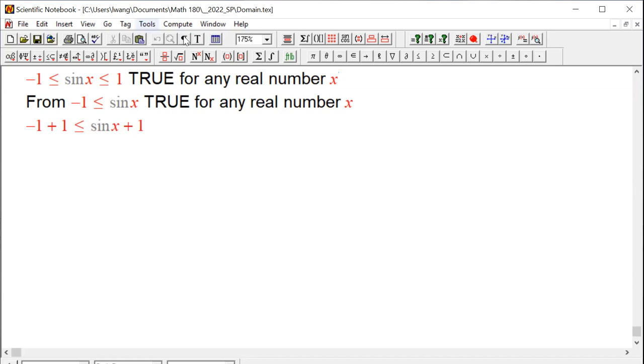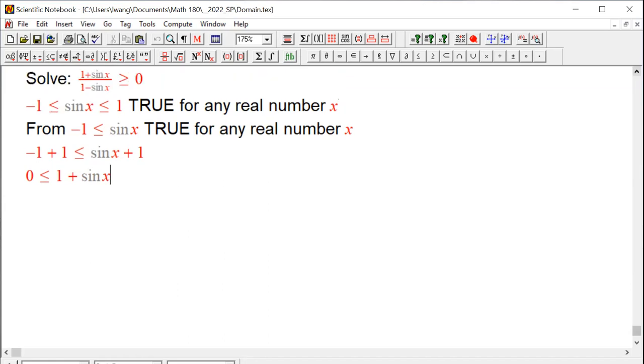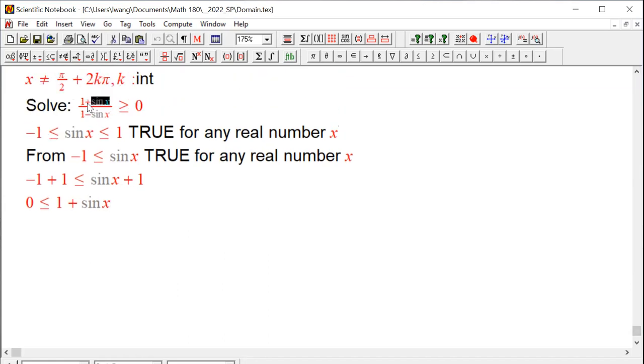We end up with 0 less than or equal to sine x plus 1. So 1 plus sine x, which is the numerator, is always positive or 0.